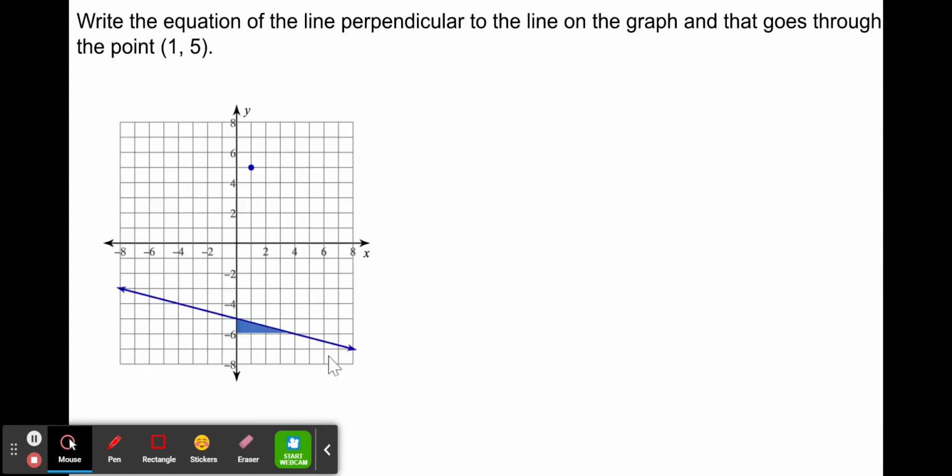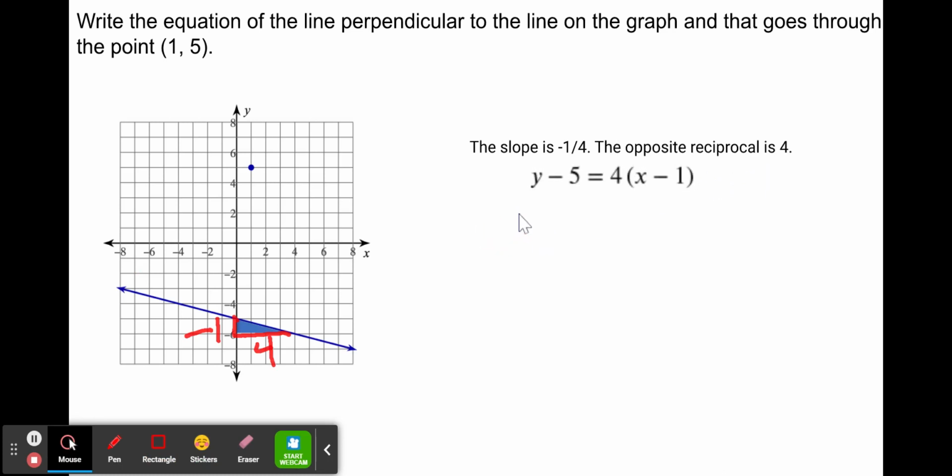Okay, let's do this one. So our slope here is going down 1 over 4. So the slope is negative 1/4. So the opposite reciprocal would be 4. So I plug everything in. y minus 5 equals my slope, 4 times x minus 1.